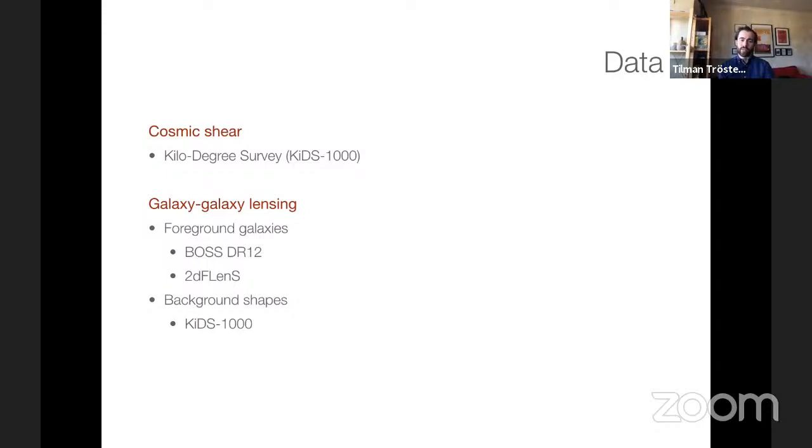And for that, we use the overlapping BOSS galaxies in the north patch of KiDS, and in the south, we use 2dFLenS, which is also a spectroscopic survey that was designed to be quite similar to BOSS. We have overlapping spectroscopic surveys for the whole KiDS-1000 footprint, essentially. And finally, to complete that triangle of 2-point correlations, we use the full BOSS DR12 footprint for the galaxy clustering measurement.